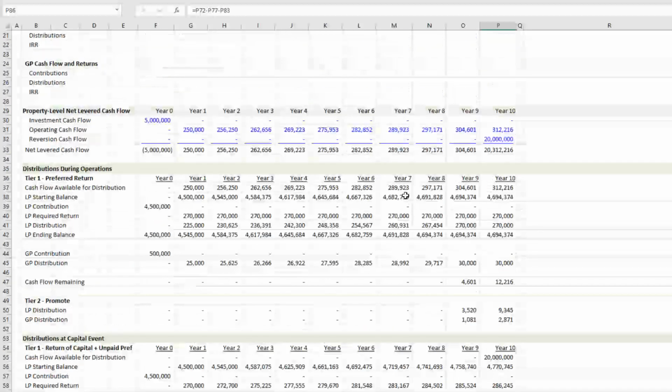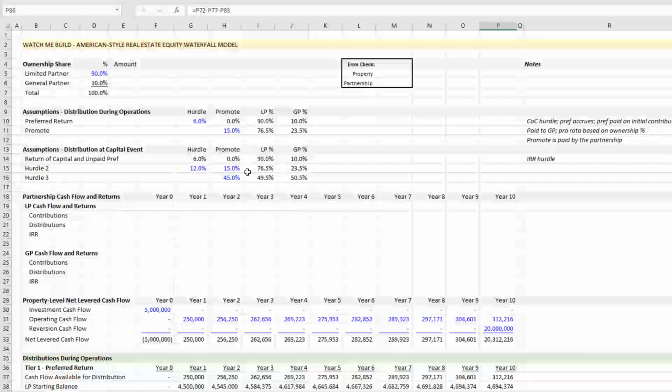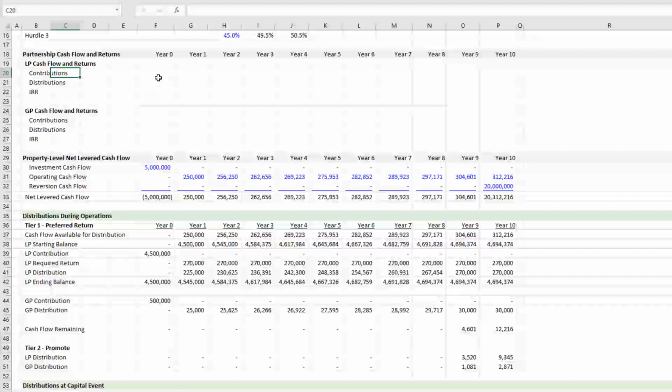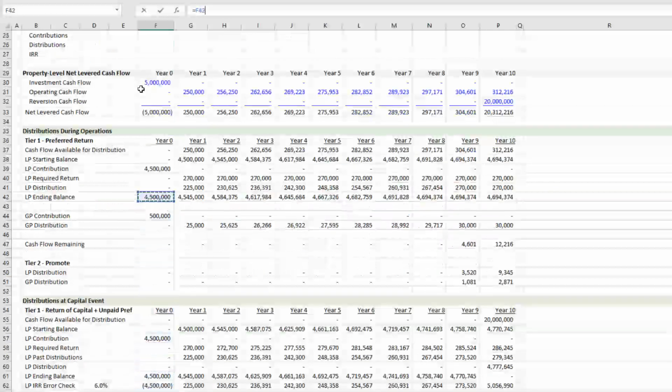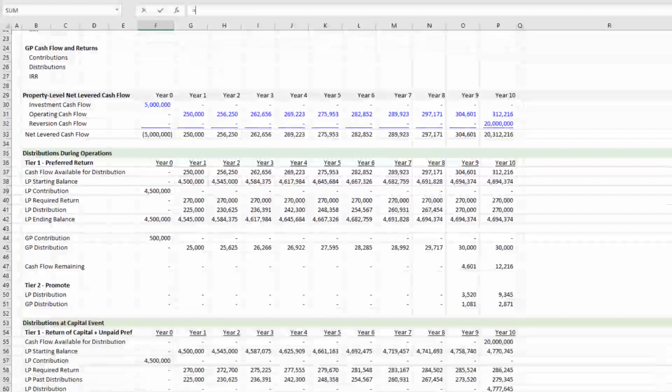Now, let's come up and do an error check. Actually, before we do the error check, let's drop in the LP and the GP's cash flows in a summary, and then we'll calculate the actual IRR for the LP and the GP. So the contributions for the LP, we can just grab those from this line 39. For the distributions, let's just grab the distributions in each of their tiers.